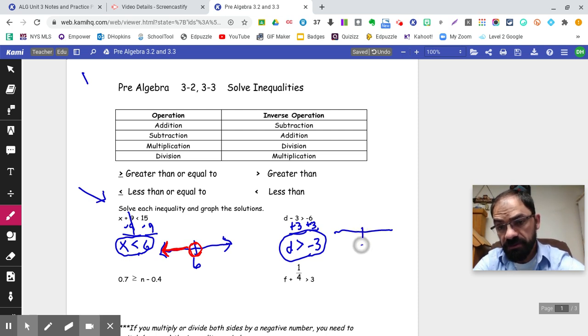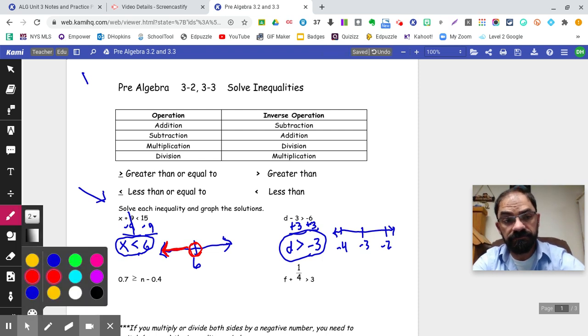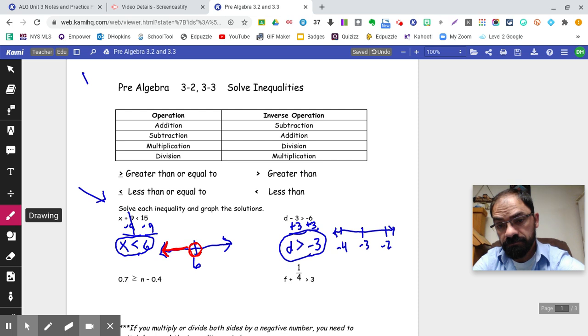Negative 3 is in the middle. I do have arrows on my number line. Negative 2 is on that side. Negative 4 is on this side. Once again, open circle. And this time I'll shade to the right.